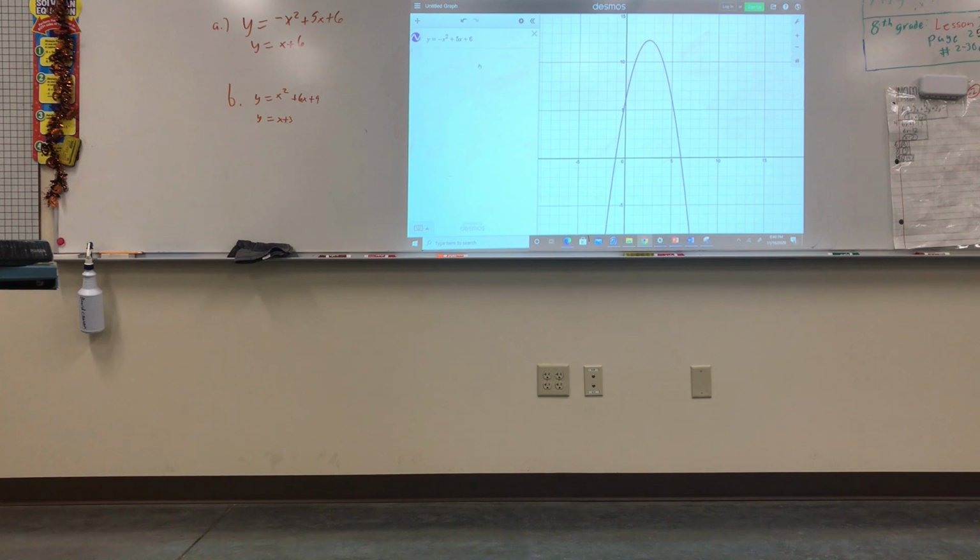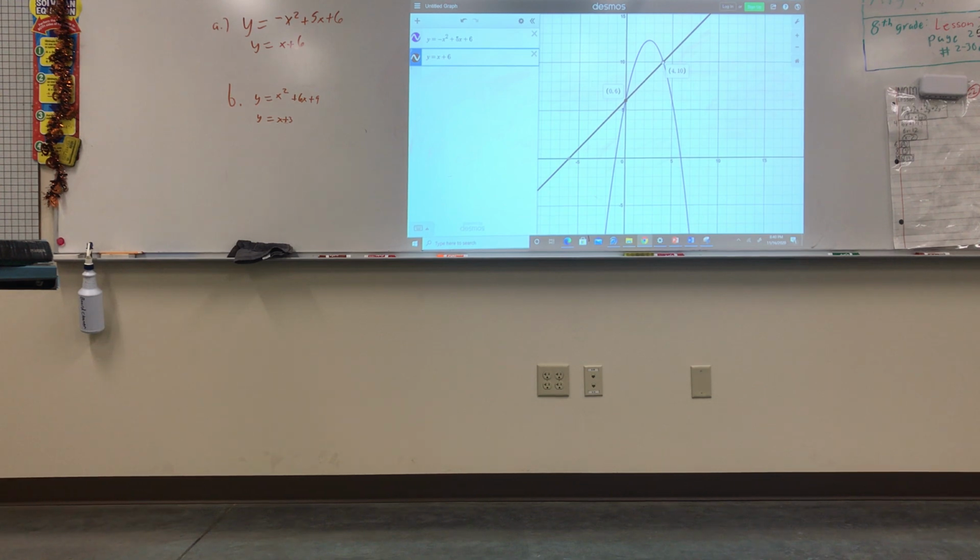Now we also have this line, which is y equals x plus 6. My two solutions in this case are right here and here. Easy as that, I have my two solutions.